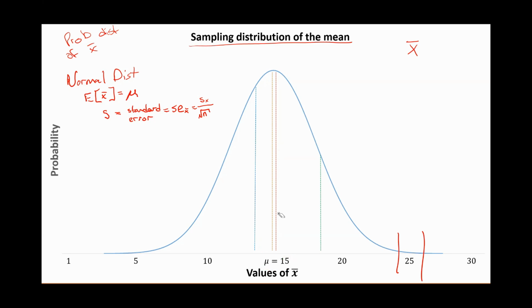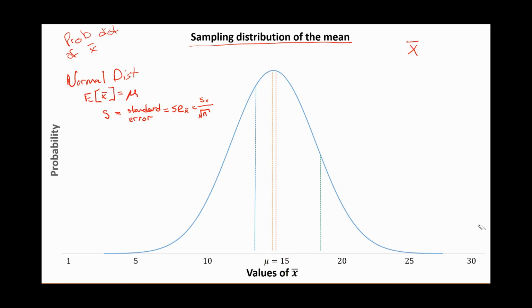So if the population mean is 15, it is much more likely that our sample mean is somewhere close to 15 than it would be for our sample mean to be somewhere really high, like 25, or really low, like 5. It's much more likely for our sample mean to fall close to the population mean than close to 25, a really large number, or 5, a really small number.